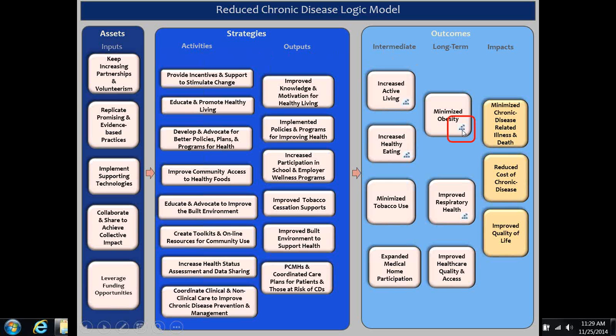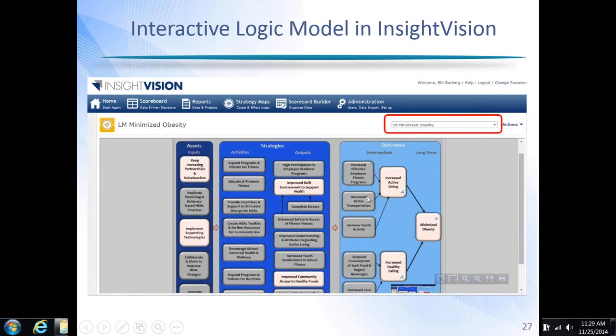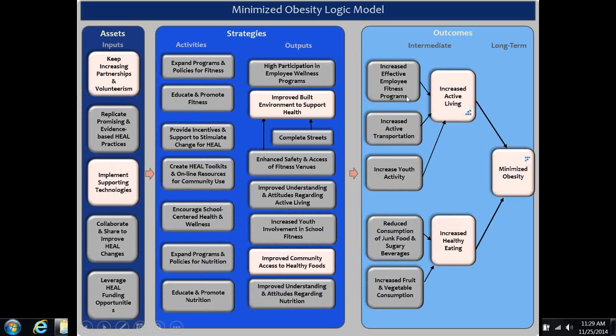But again, with a technology-enabled logic model, you can click and zoom in to get more detail and show that next level of detail. You can have different logic models. You can show, how are we going to increase active living? Let's get more specific, like increasing active transportation or complete streets.